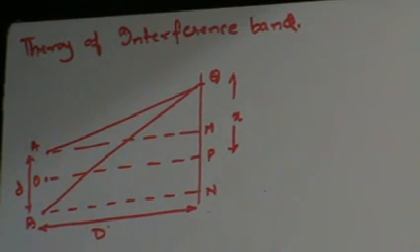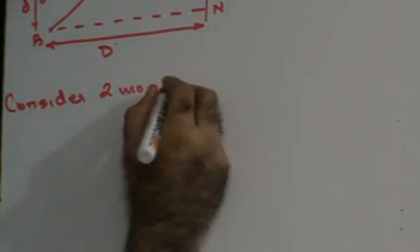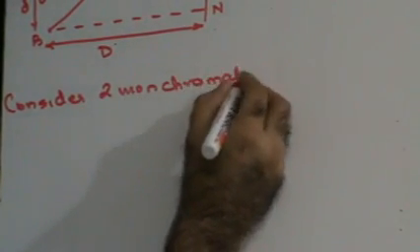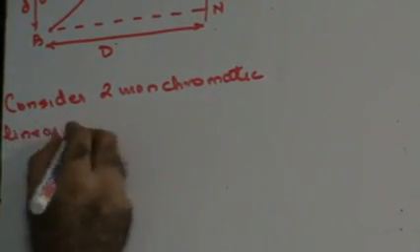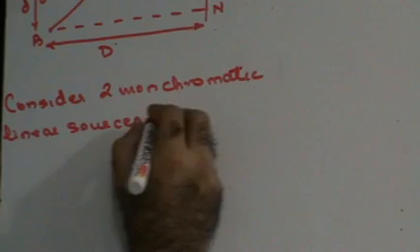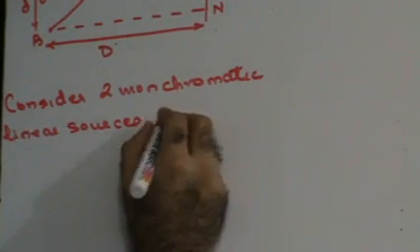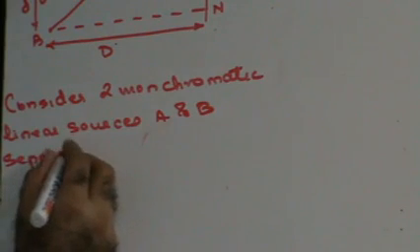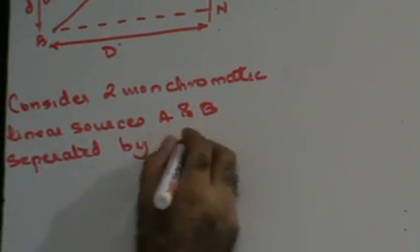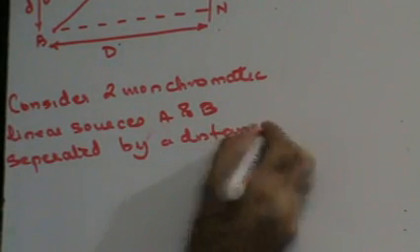Let's write the explanation of the diagram down. Consider two monochromatic linear sources A and B separated by a distance d.